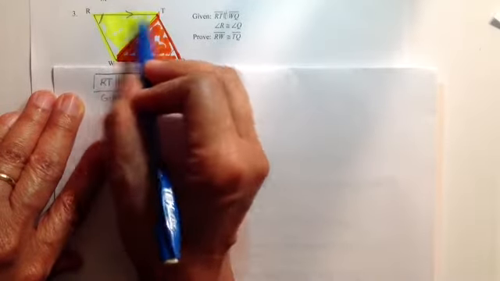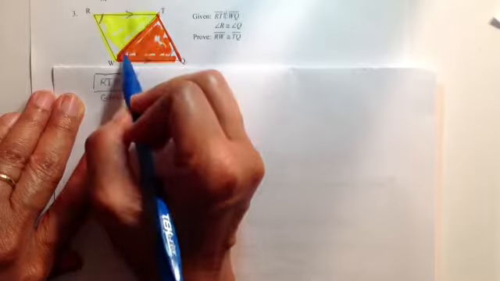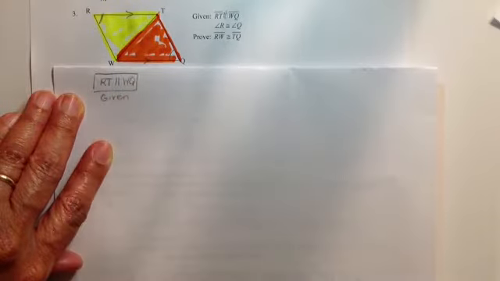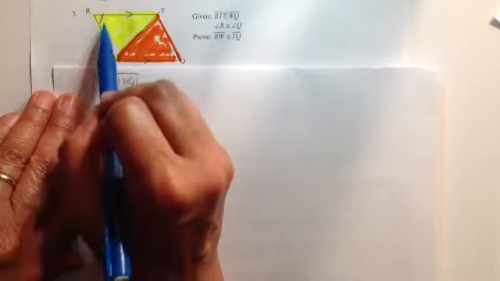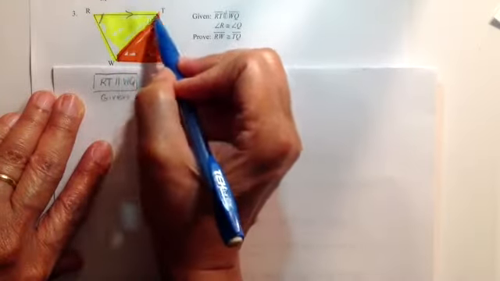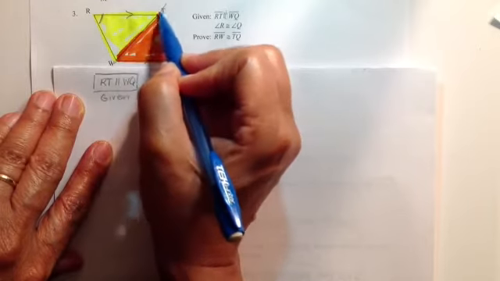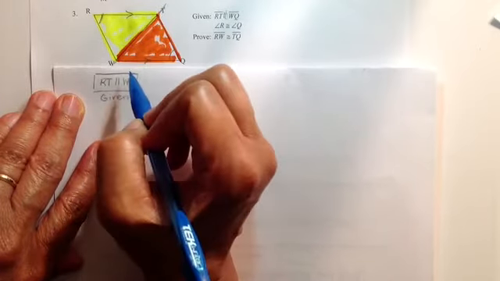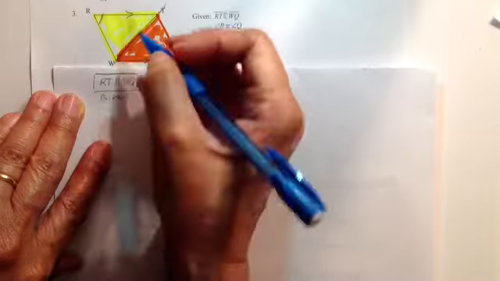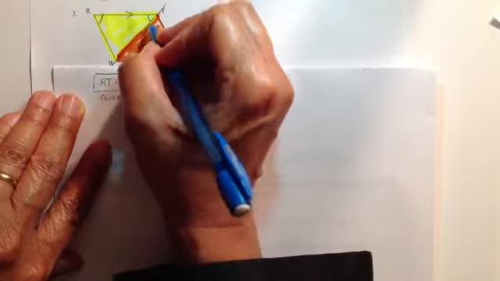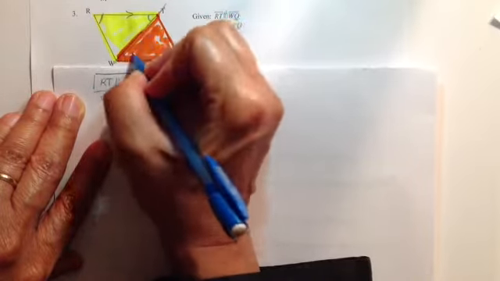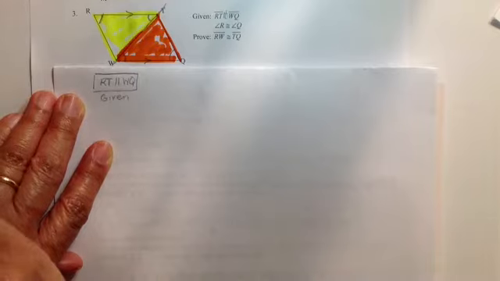And from that fact that we know that these two lines are parallel, I think that's going to lead us to where we need to go with proving the triangles are congruent. Because if these two lines are parallel and TW represents a transversal, then these two angles are congruent.